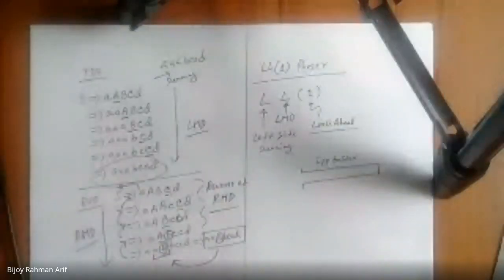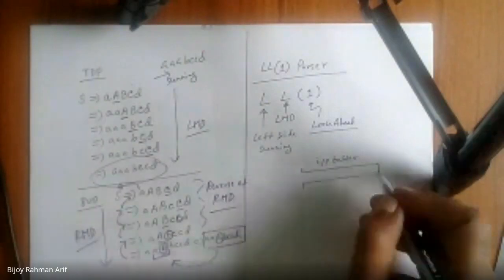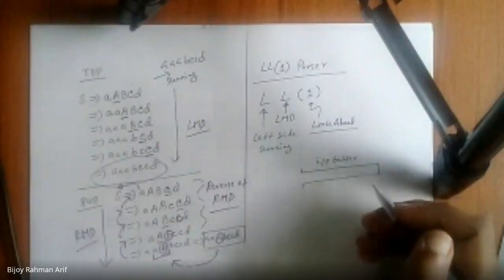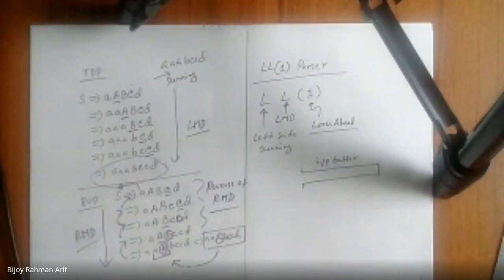The buffer is not a stack. Buffer is a queue. So how do we get the input of the buffer? From the previous step. So what is the previous step of the parser?